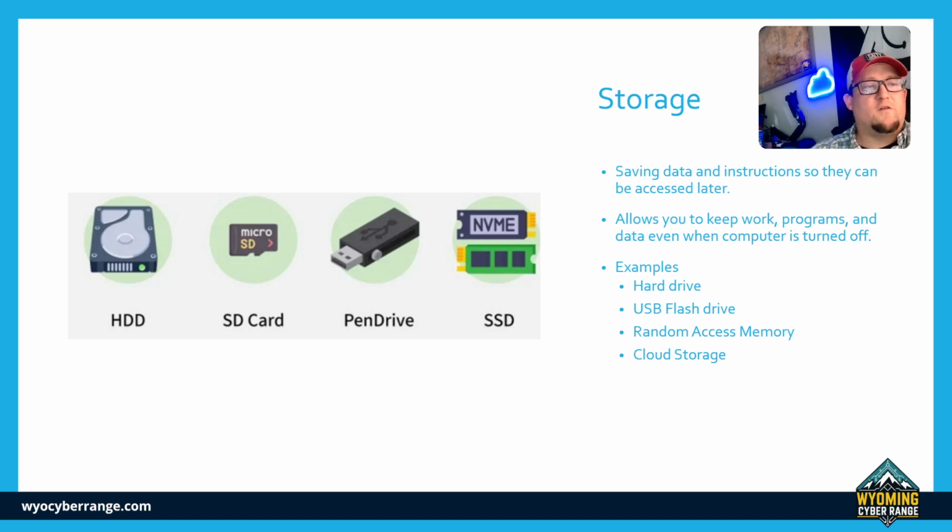If you turn off your phone, do you lose all the pictures that are on the phone? I hope not. That would be a very bad use of storage on our phones because we don't want to lose any data. So we're going to use hard drives, USB flash drives, random access memory, or even cloud storage that's not located on our physical computer, and store it for a later time.